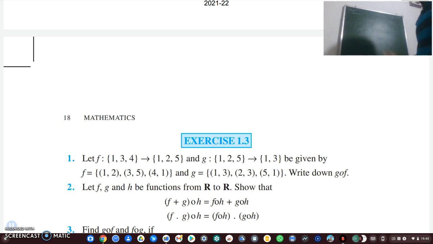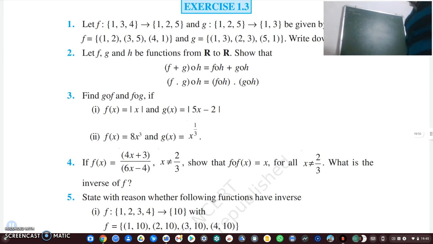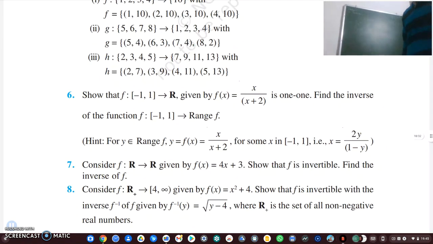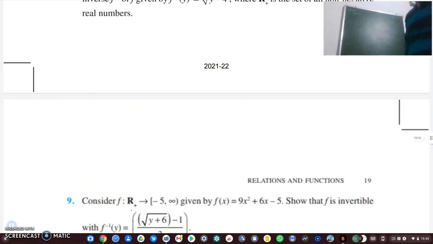And we should know one thing: e raised to the power x into e raised to the power 2x would give us e raised to the power 3x. So this was the main concept of functions.